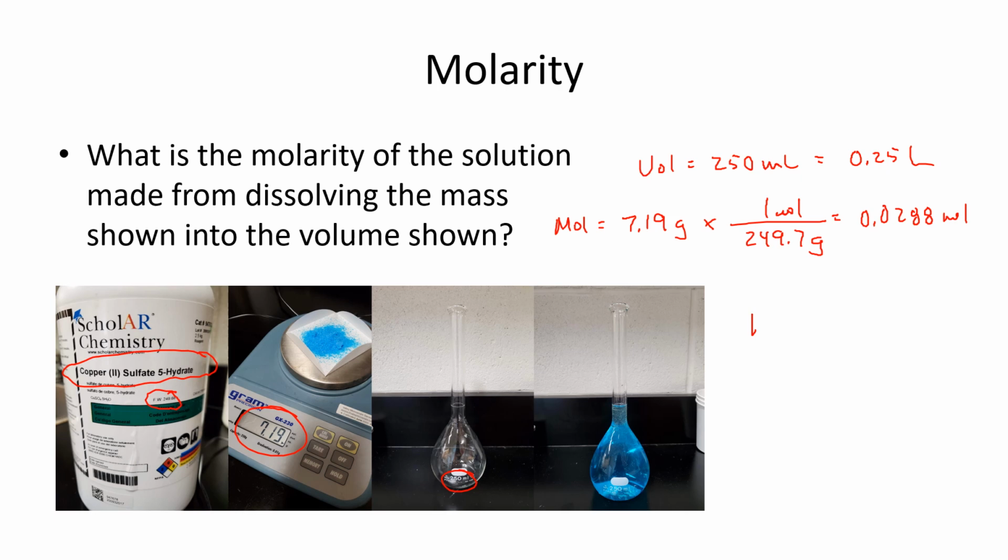And then the molarity would be that 0.0288 moles in 0.25 liters. And that equals, what's my measurement here? It's 3 digits. So 0.115 moles per liter, or 0.115 big M. Great.